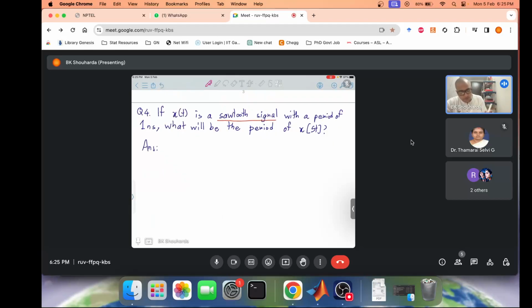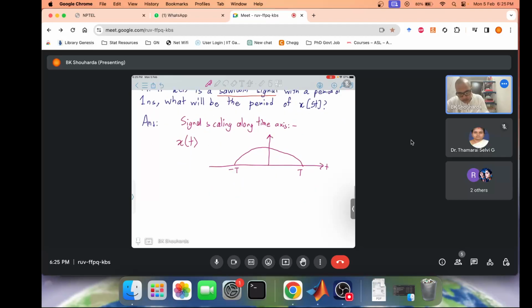Before we move into the periodicity of the signal, let's look at signal scaling along the time axis. Let me take a finite duration time signal from minus T to capital T. When we scale it to, let's say, x of a t, what does it become?